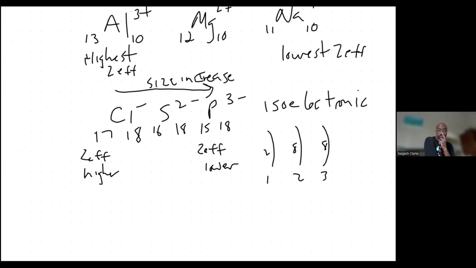That's how we look at periodic trends. We look at ion size, and really the hero of the story here is effective nuclear charge, or Zeff. All right, until next time, office hours with Dr. Clark.